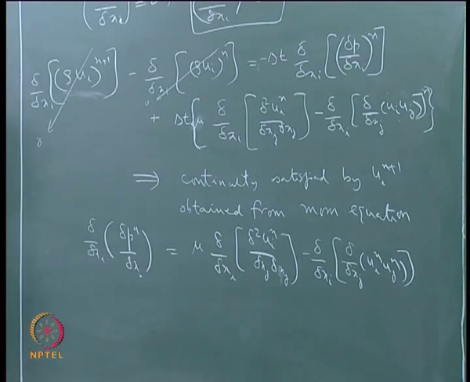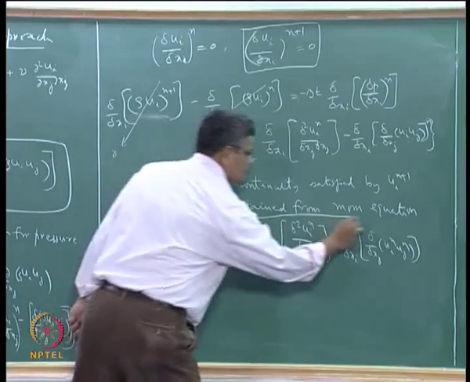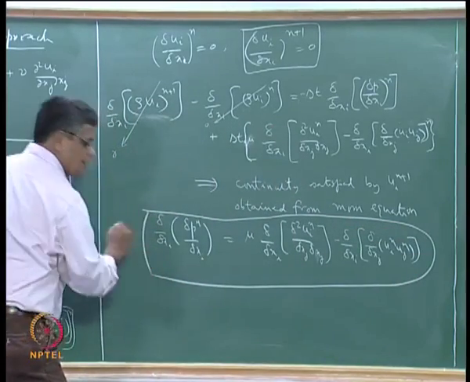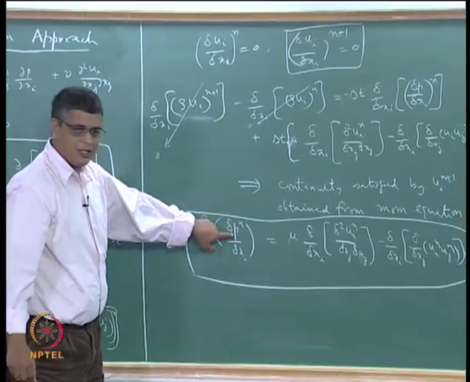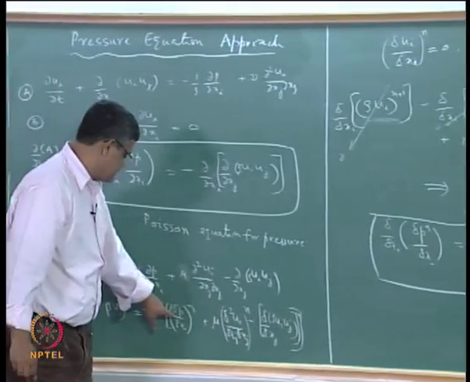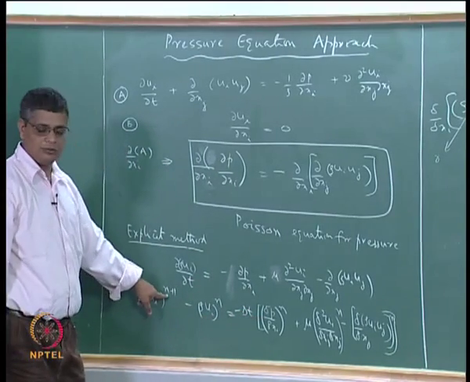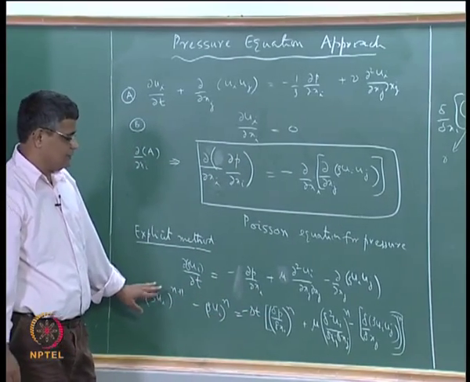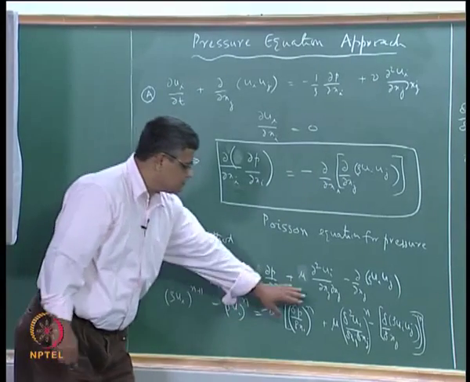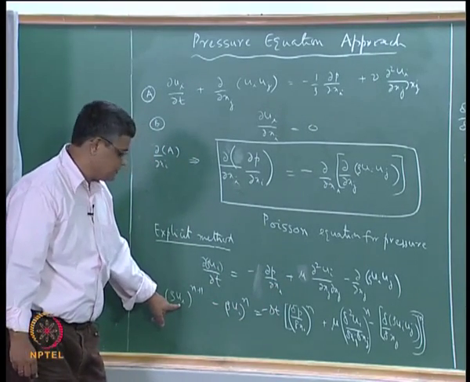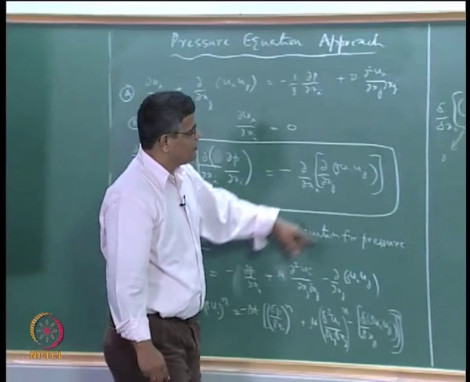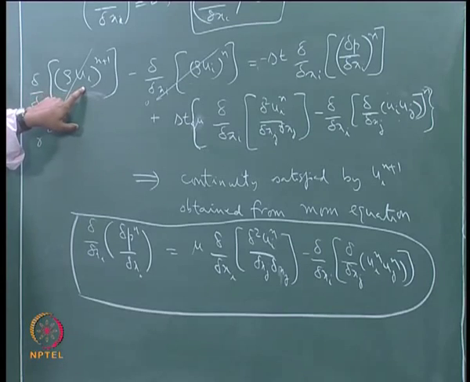Okay, so if we evaluate pressure from this, and use that pressure to evaluate the pressure gradient here, which is then used to evaluate the ui n plus 1, then we have the guarantee that the momentum equation is being satisfied by the ui n plus 1, and also the continuity is being satisfied by the velocity field that is predicted.